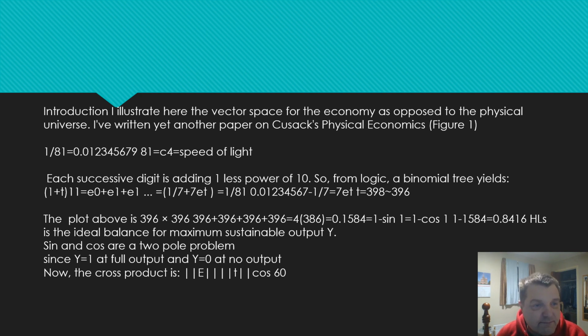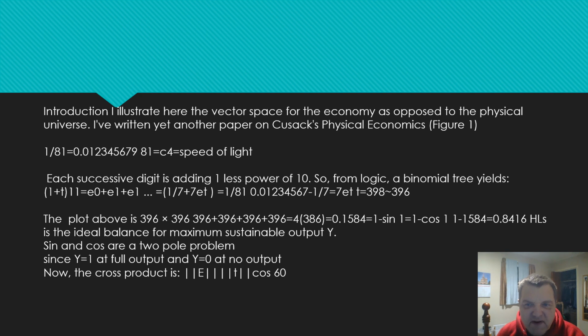So mass is equal to 1 over 81, which is 1 over c to the fourth, which happens to be the number 0.012345679. And each successive digit is adding 1 less power of 10.